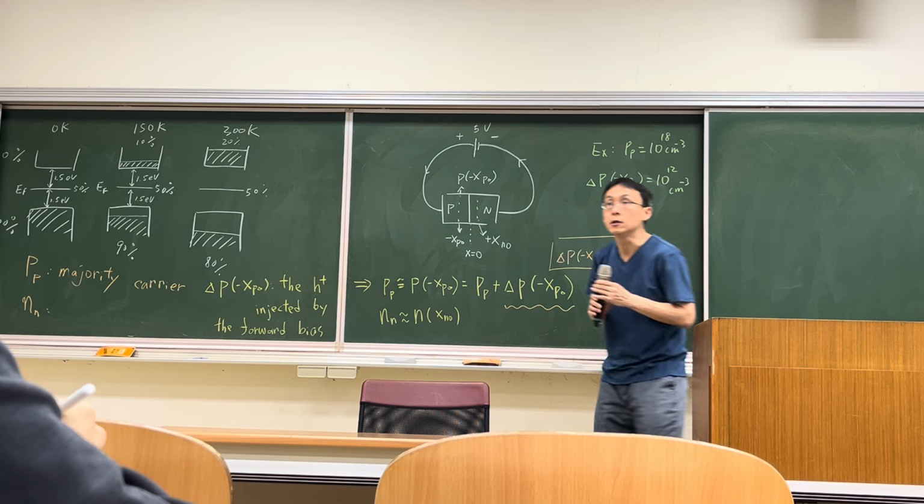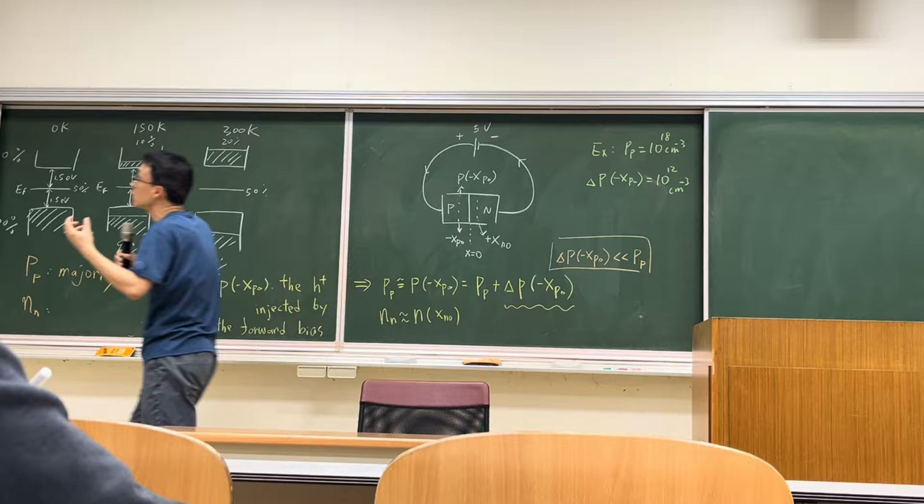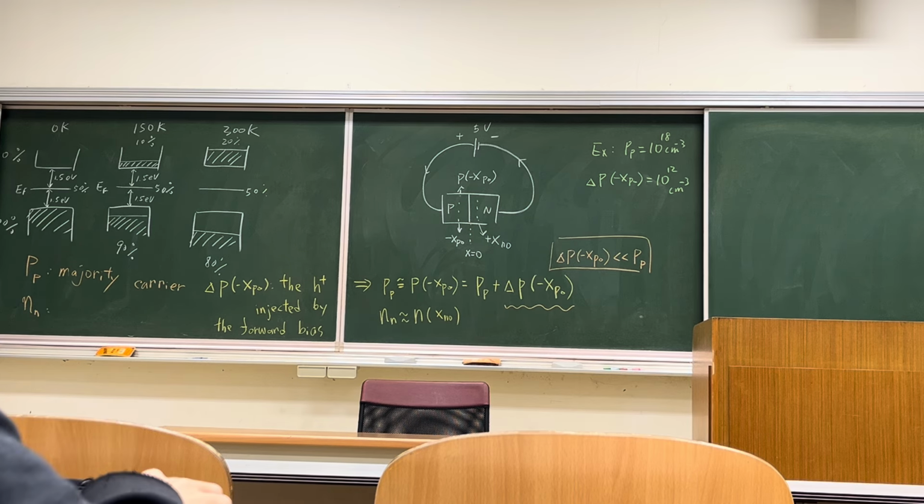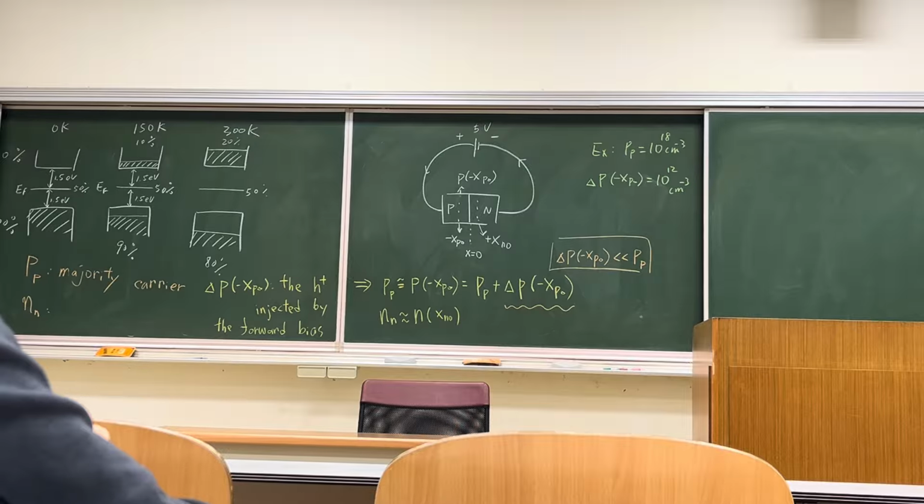You see, in a typical doping concentration, your diffusion region width is usually less than 1 micron. In this case, I intentionally decrease the doping concentration to make it longer, and you can only achieve 0.5 micron.